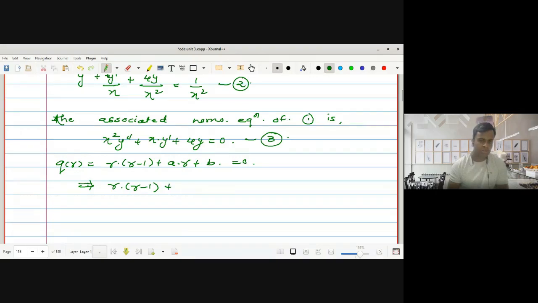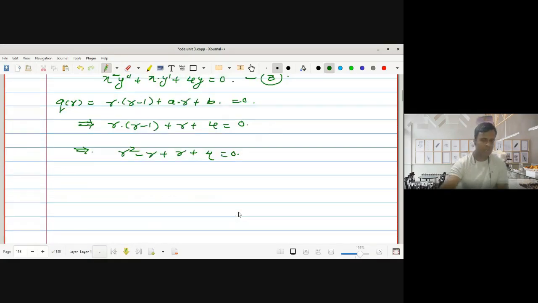So we get r plus b, b is 4, is equal to 0. So that implies r square minus r plus r plus 4 is equal to 0. So r square gets cancelled, plus 4 is equal to 0. So that implies r is equal to plus minus 2i.